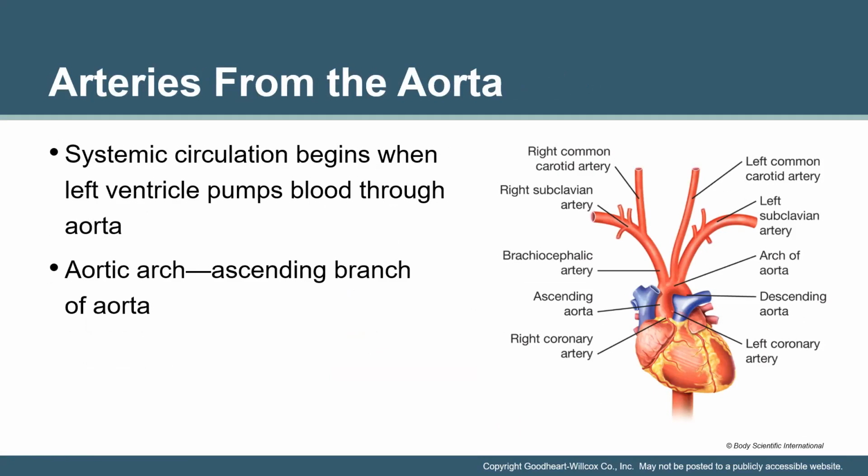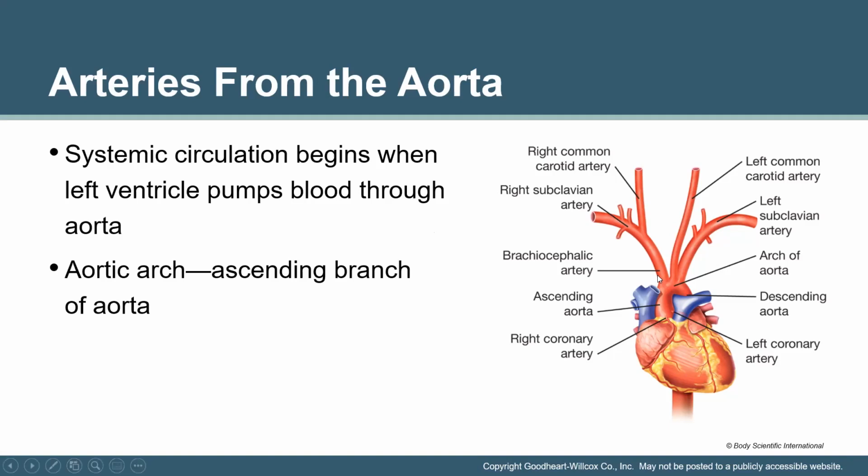The brachiocephalic, left common carotid, and left subclavian arteries will branch from the aortic arch and supply head, neck, and arms with blood. These arteries subdivide into many more arteries, including the right subclavian and right common carotid arteries. Many arteries will branch from the descending aorta to supply blood to various organs, as I mentioned.